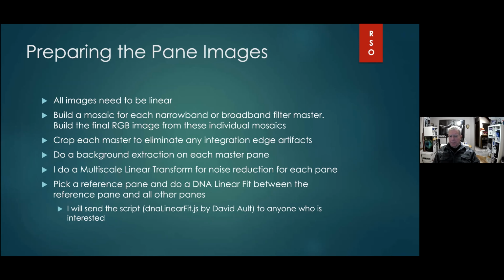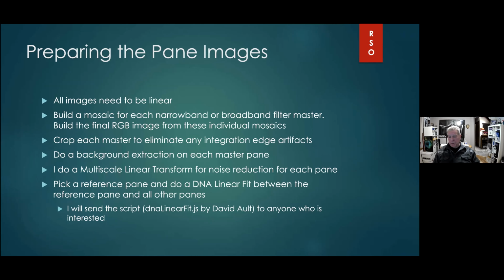I do a multi-scale linear transform to eliminate some of the early noise, again on each pane. And then the thing that really makes for a quality looking mosaic is to balance the intensity of each pane relative to some reference pane. I'm going to talk more about that on the next slide.